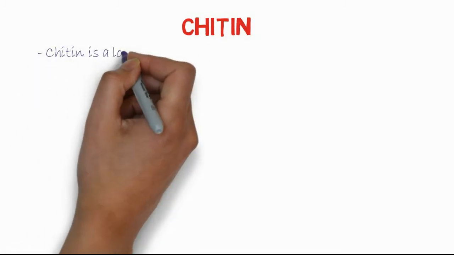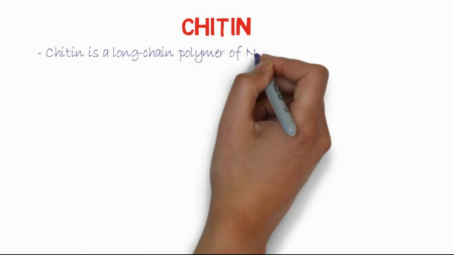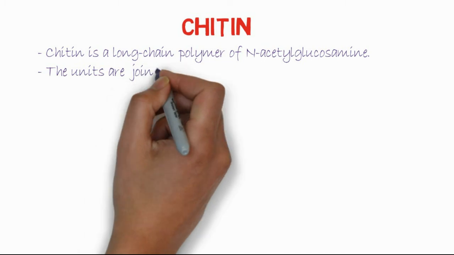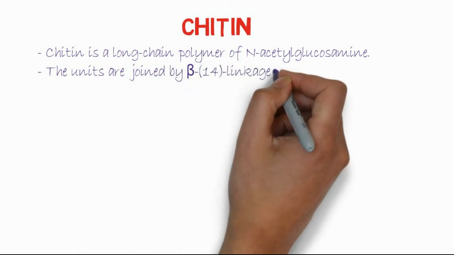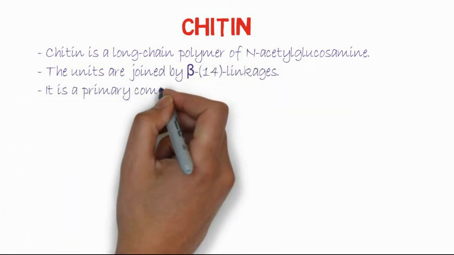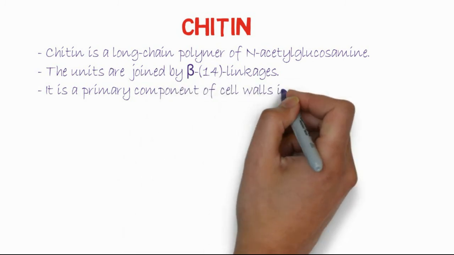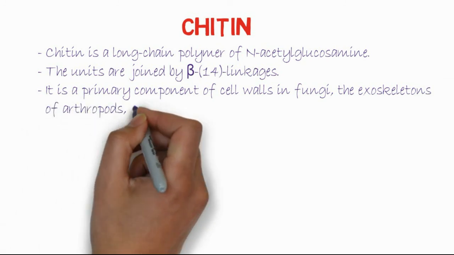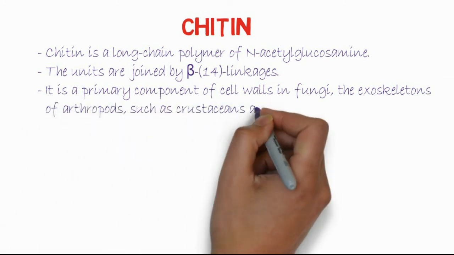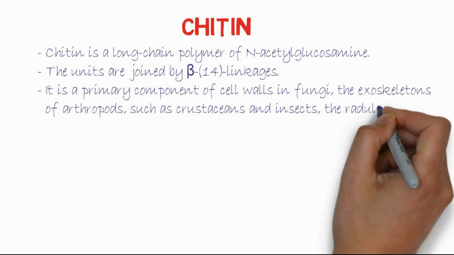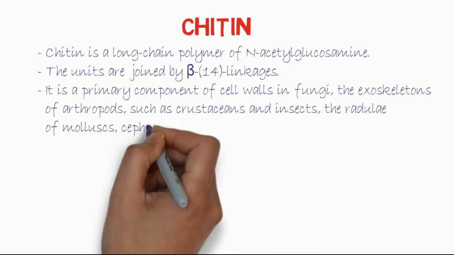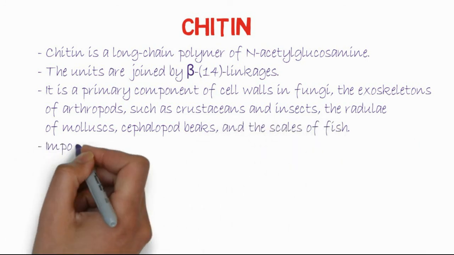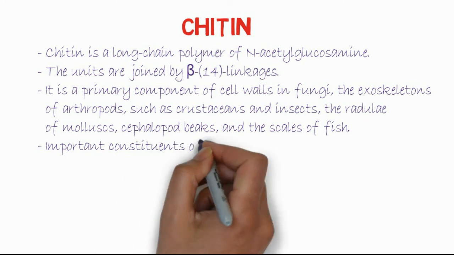The next example of polysaccharide is chitin. It is a long chain polymer of N-acetyl glucosamine. The units are joined by beta 1 to 4 linkage. It is a primary component of the cell wall in fungi and the exoskeleton of arthropods, crustaceans, insects, the radulae of mollusks, and in fishes.